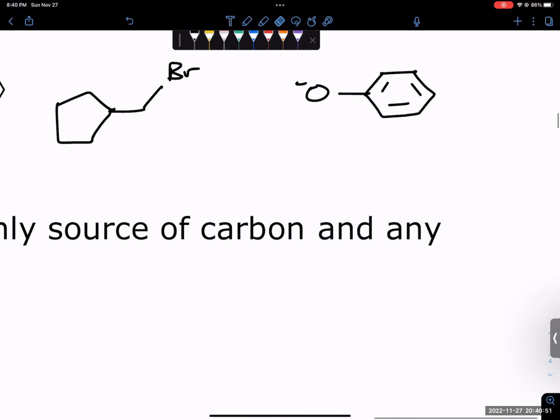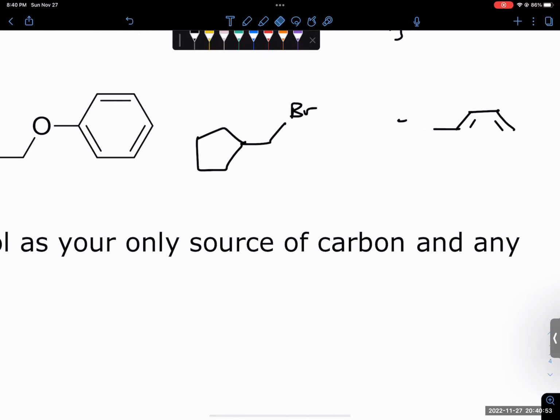The only possible way is to have your alkoxide be this phenoxide here, and then your alkyl bromide to be on this portion here. This would then go E2, or not E2, SN2, because this is primary.